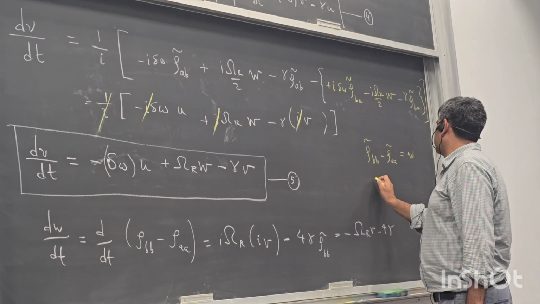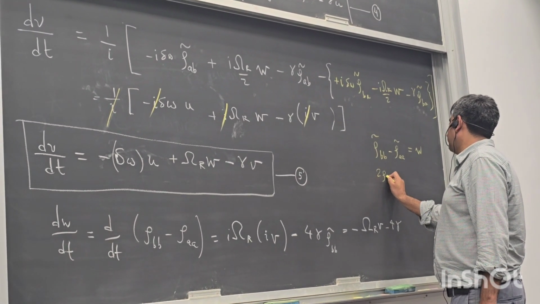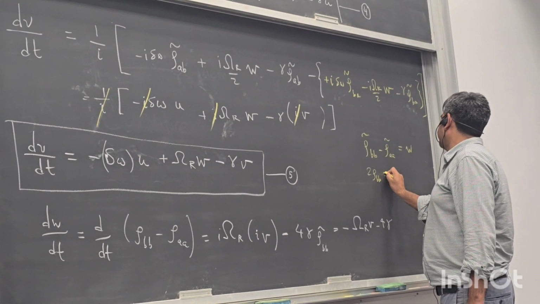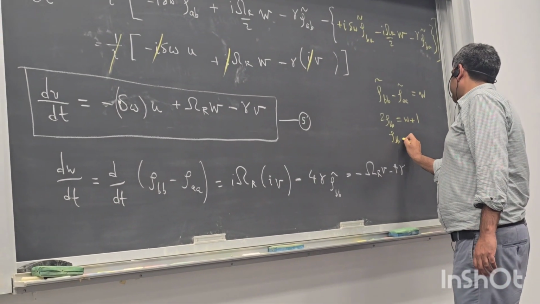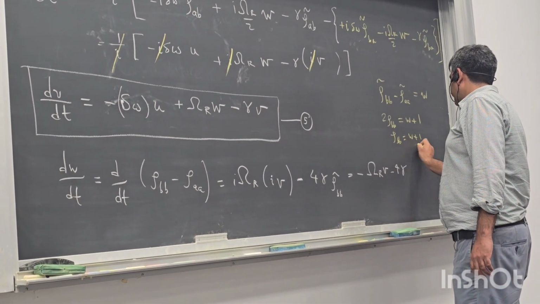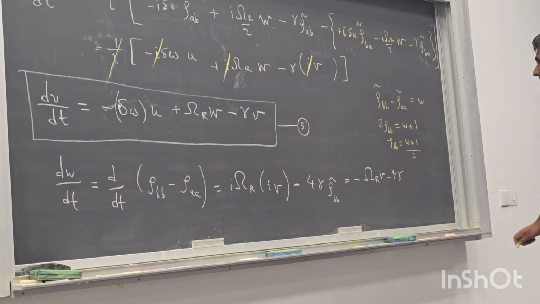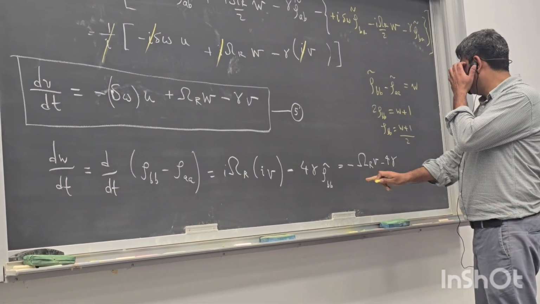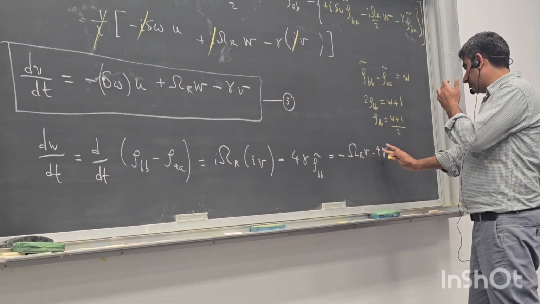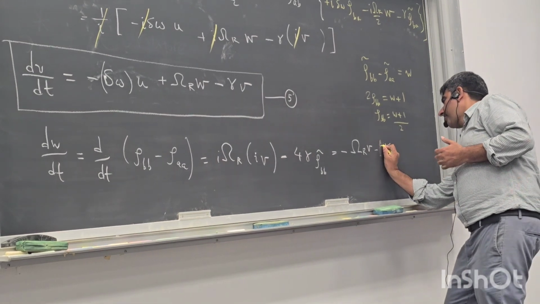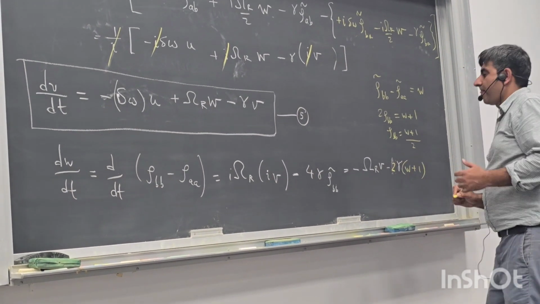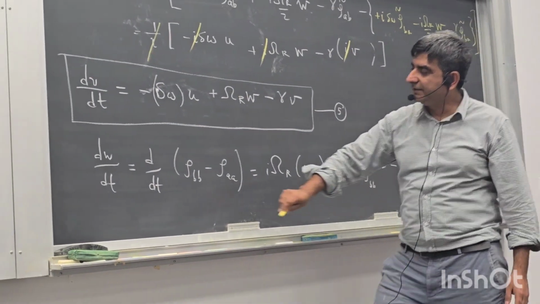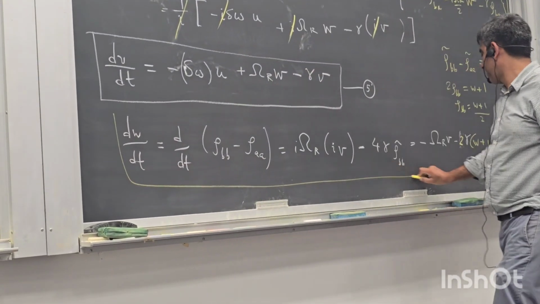So 2 rho BB is W plus 1, meaning rho BB is W plus 1 over 2. So instead of rho BB, I can write W plus 1 over 2. I get 2 here, omega plus 1. So these are my 3 equations.